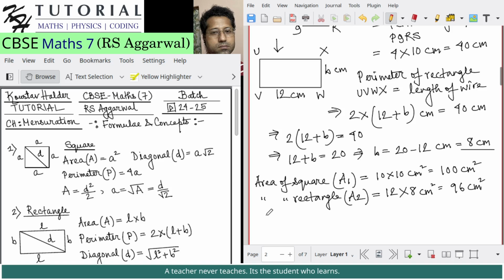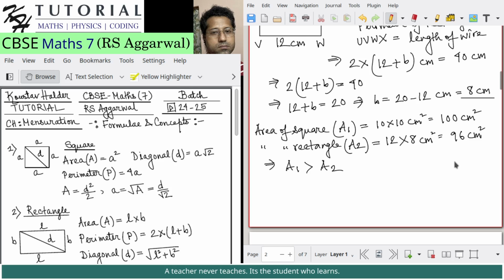So definitely we can see that the area of the square is greater than the area of the rectangle. A1 is the area of the square and A2 is the area of the rectangle. So the area of the square is more than the area of the rectangle. And how much more? A1 minus A2 is equal to 100 centimeter square minus 96 centimeter square, which is equal to 4 centimeter square.